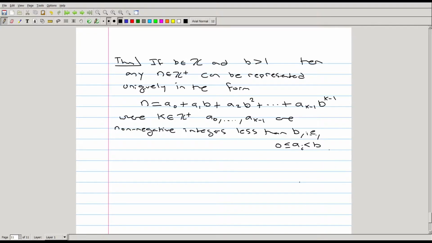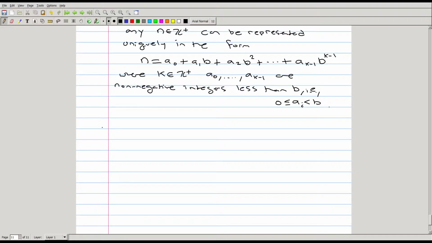And you may not have realized it, but this is something that you're already familiar with in the sense of decimal or base 10.